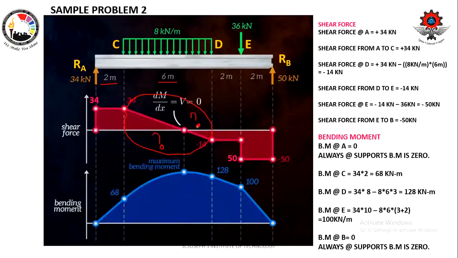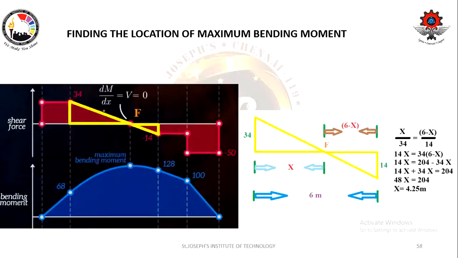To find that, we are using the concept of similar triangles. This is going to be one triangle and this is going to be another. Both have the same angle, so they are similar triangles.